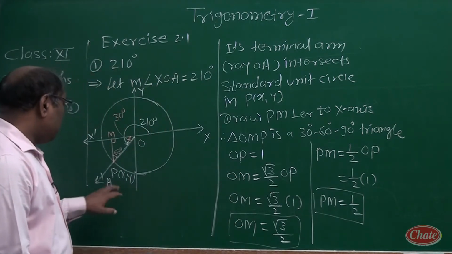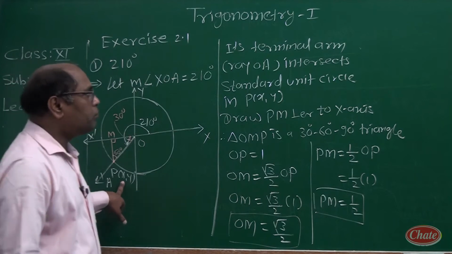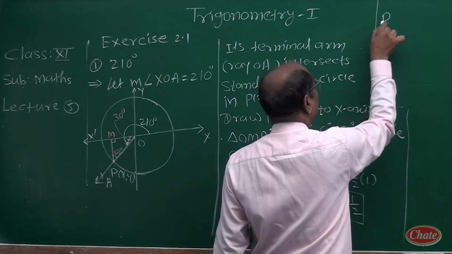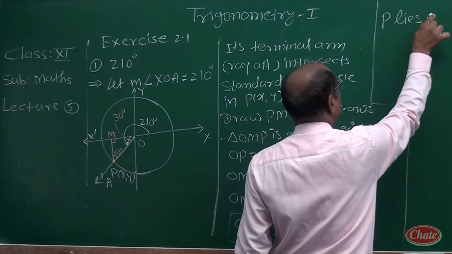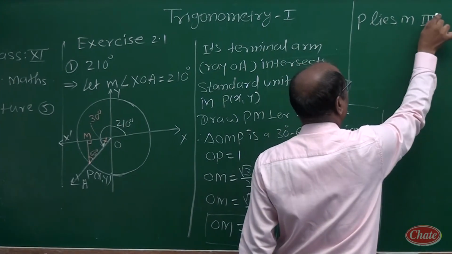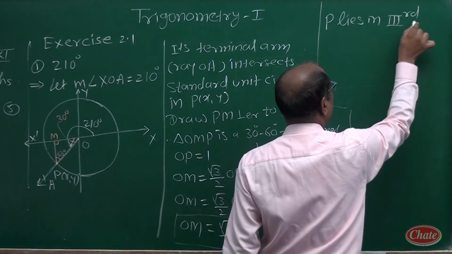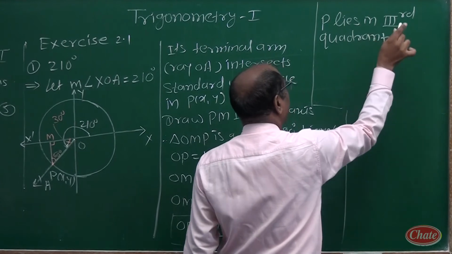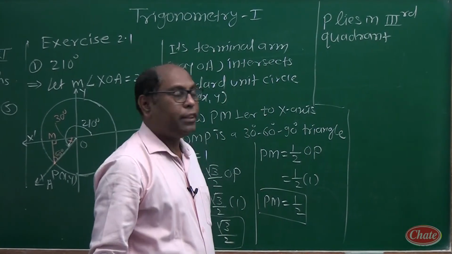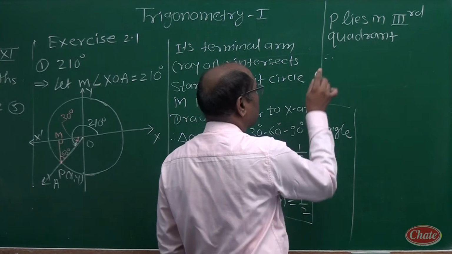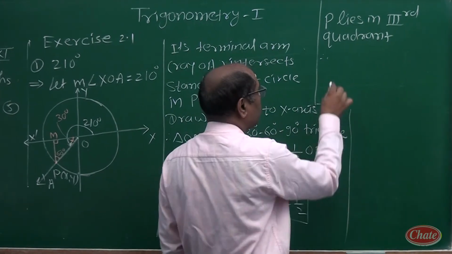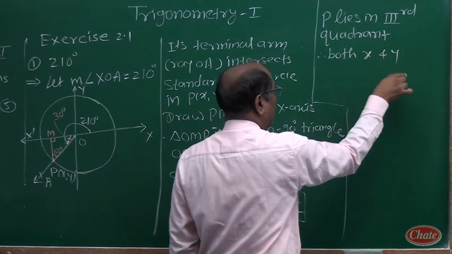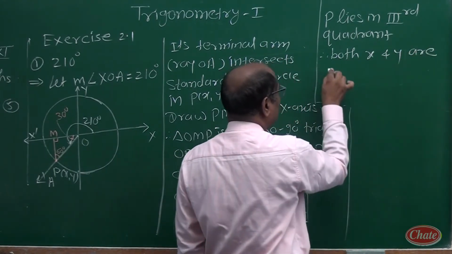Now here P lies in the third quadrant, and in the third quadrant both x and y are negative.